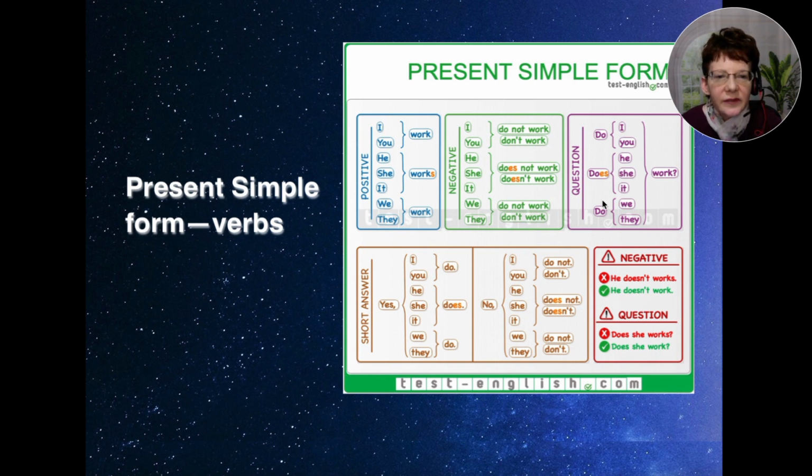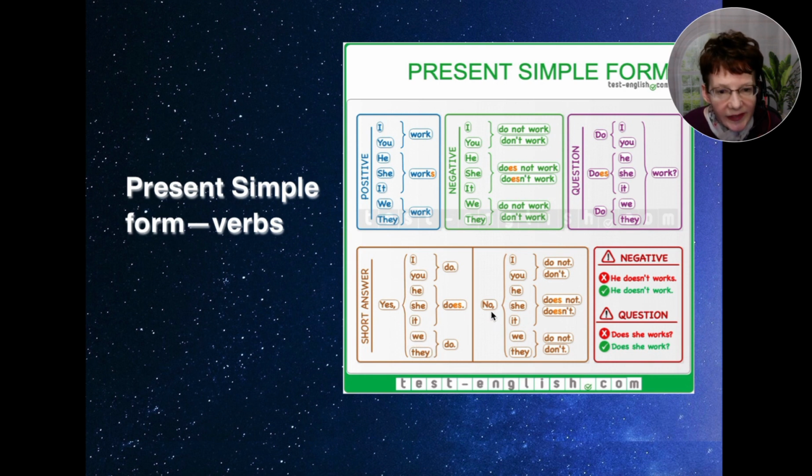For a question, right? What we do is we start with do or does, then the subject, like one of these, and then the verb, base form, work, no S. All right, and for a short answer, we can say either yes, I, you, do, or yes, he, she, it does, or for plural, yes, we or they do.